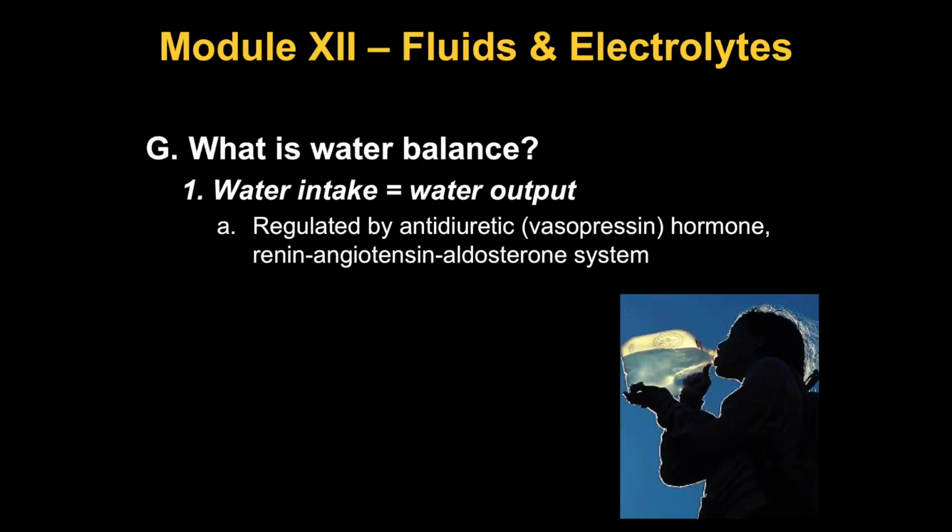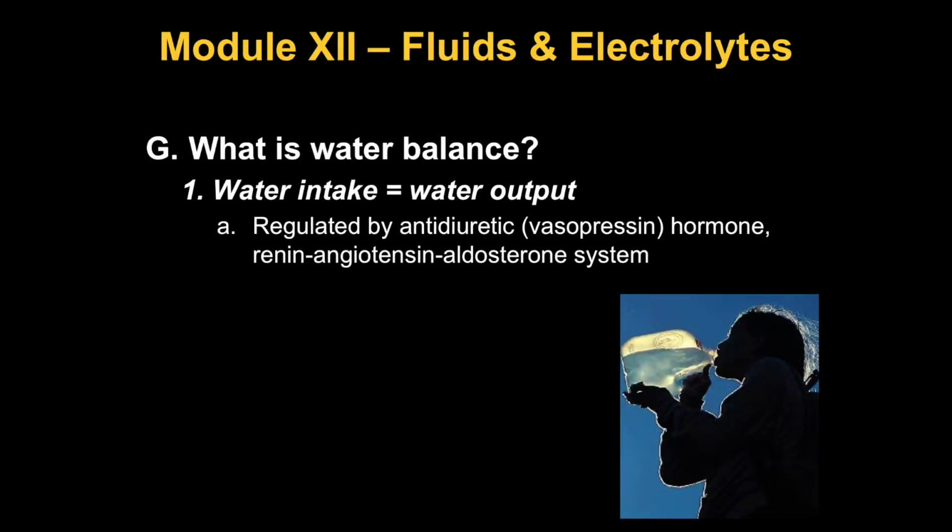And these are hormonally regulated for the most part. We have antidiuretic hormone or vasopressin that regulates water distribution losses in the kidney, as well as the renin-angiotensin-aldosterone system, which also regulates kidney losses and retention of fluid.